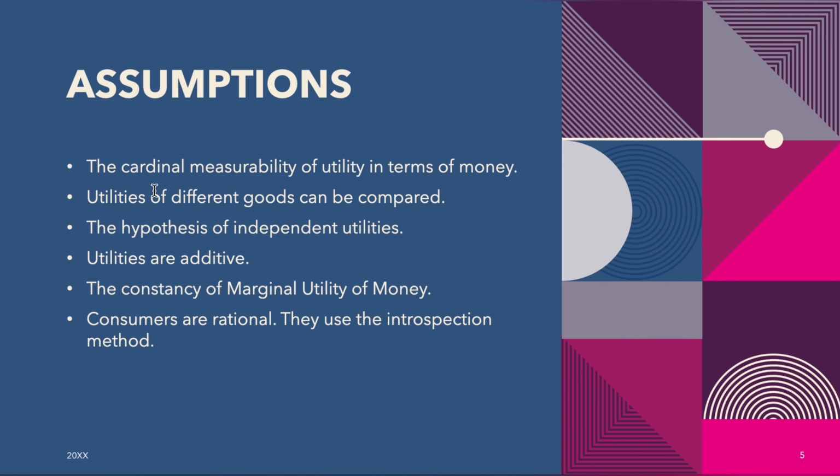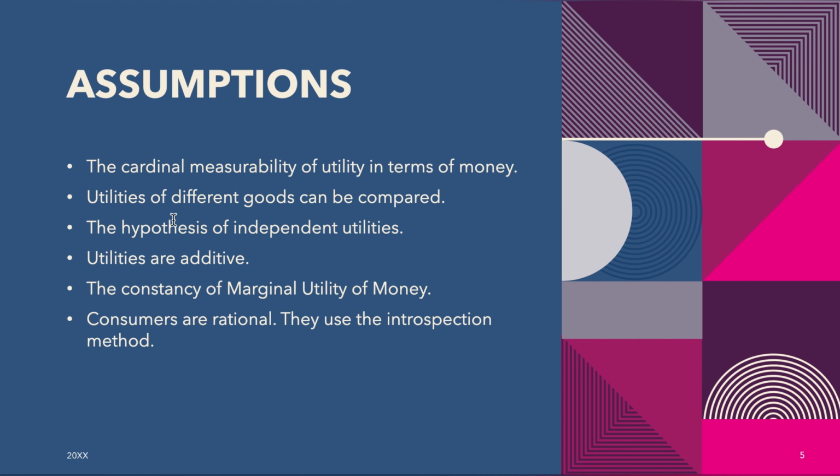First of all, the cardinal measurability of utility in terms of money. Again, we are still studying the cardinal utility analysis, so here obviously the utility will be measured in cardinal numbers, and here in this particular theory the cardinal measurability of utility is in terms of money.